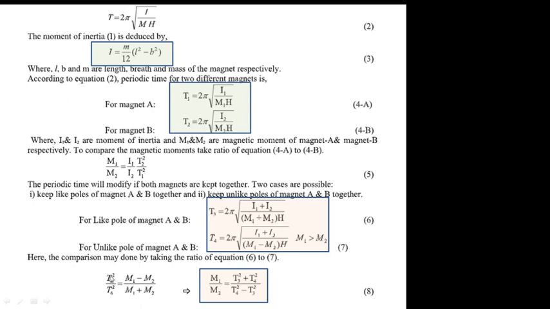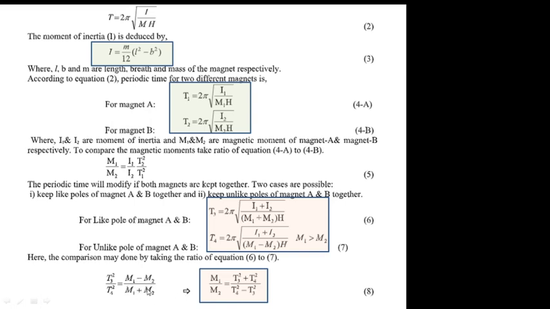Okay, so with the help of equations 3 and 4, if I take a ratio of equations 6 and 7, my equation will be reduced to M1 minus M2 upon M1 plus M2. The same way, as I mentioned in my aim, I am interested in M1 upon M2, so I need to convert this relation into M1 upon M2.